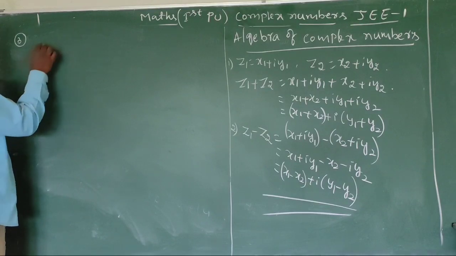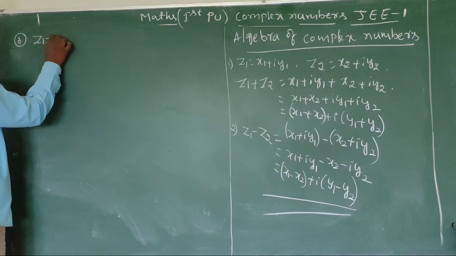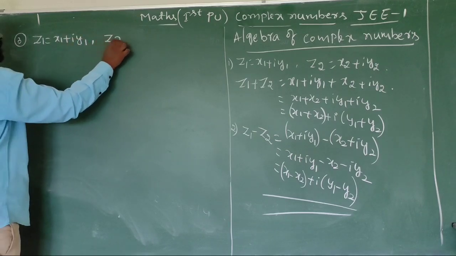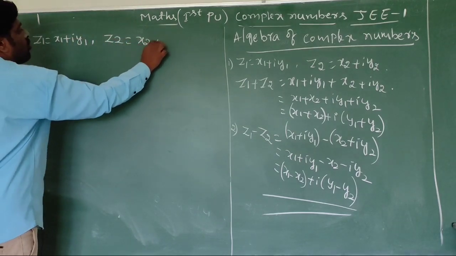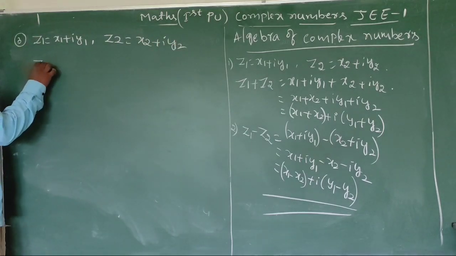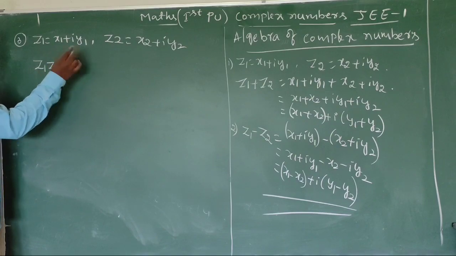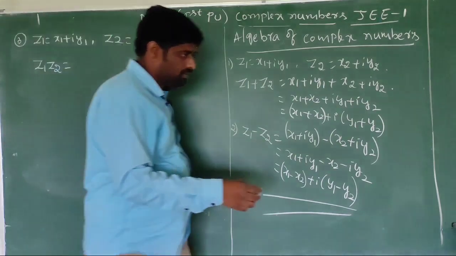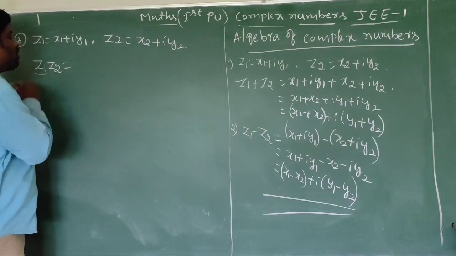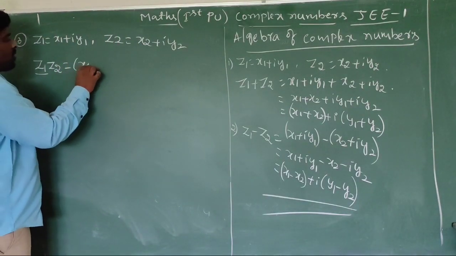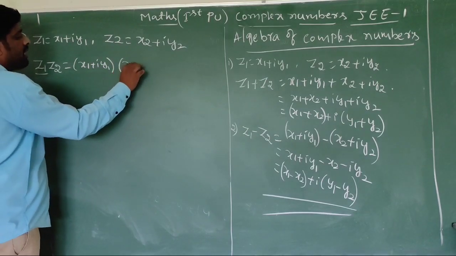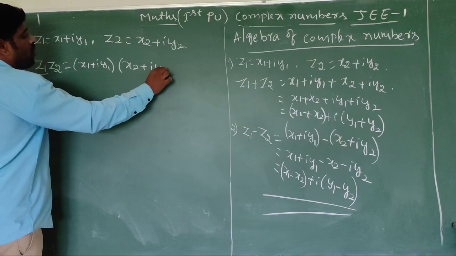Product of complex numbers. If z1 is equal to x1 plus iy1, z2 is equal to x2 plus iy2, now we take z1 z2. What is z1? x1 plus iy1 into z2, which is x2 plus iy2.